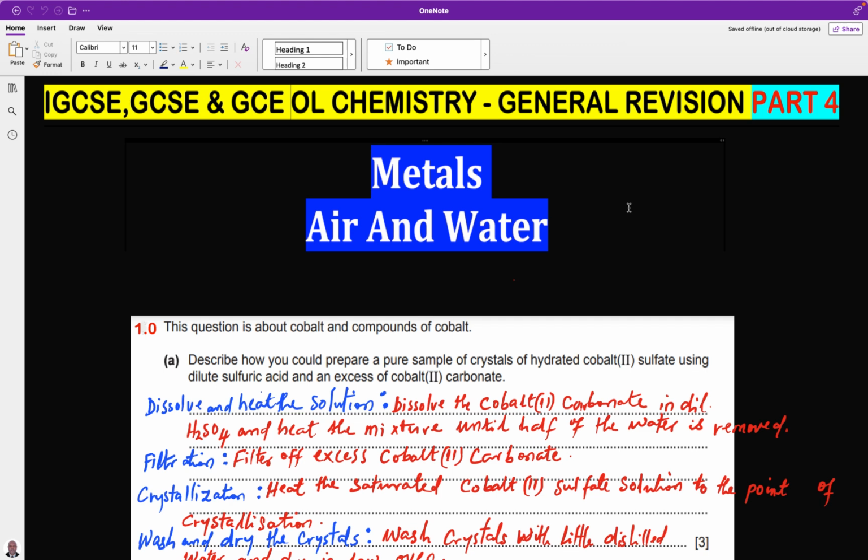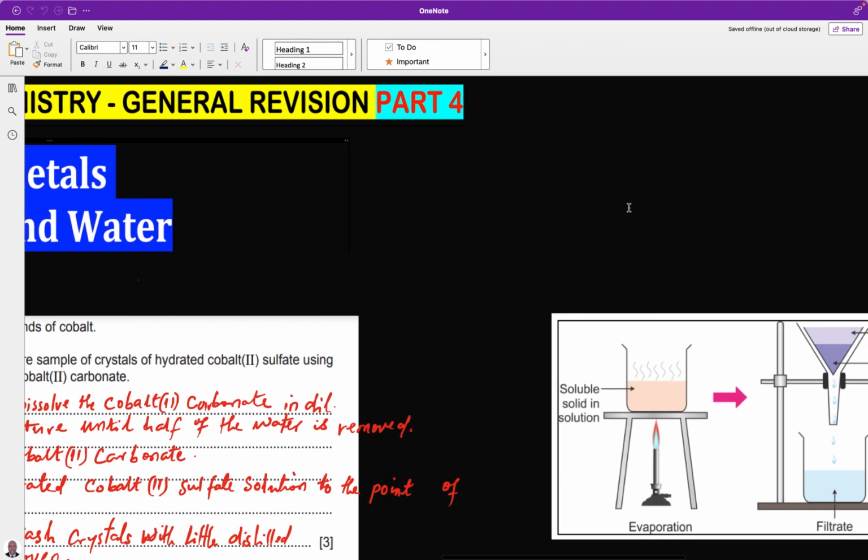This is a dilute acid, sulfuric acid. Now you have been given a salt of cobalt-2 sulfate, and an excess of cobalt-2 carbonate. Let me just brief you on how you can do this.